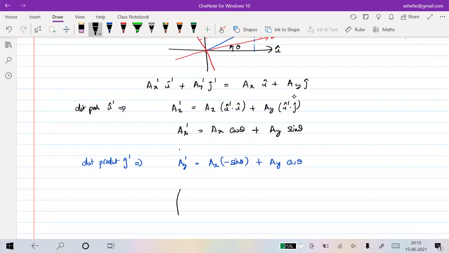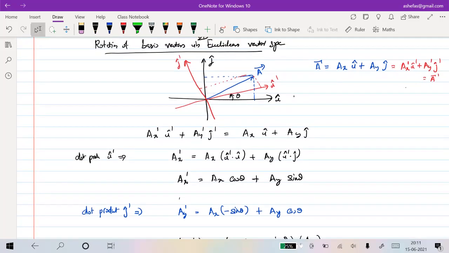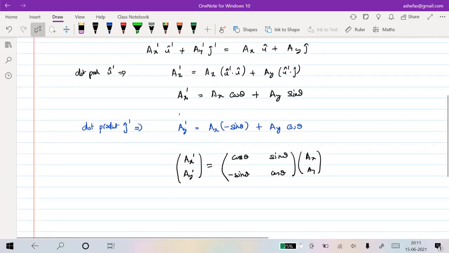This entire thing can be written in matrix form as Ax prime, Ay prime equal to the matrix cos theta, sin theta, minus sin theta, cos theta, times Ax, Ay. So the components of the vector transform in this fashion if you change the basis by a rotation by an angle theta.